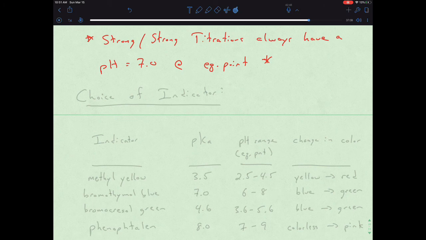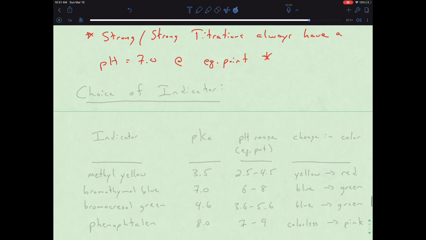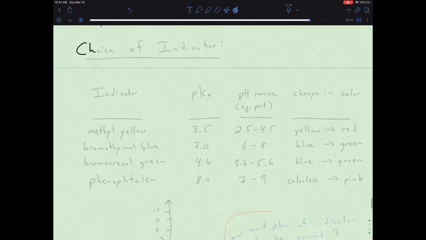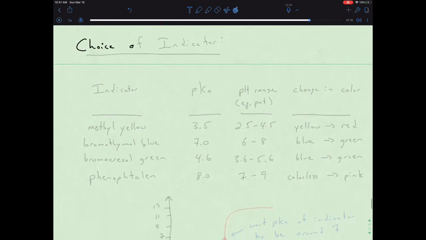Now that our plot is done, we can then go into our choice of indicator. Remember, indicators are these chemical dyes. And if we look at our choice of indicators, we need maybe a table to kind of help us out with that.